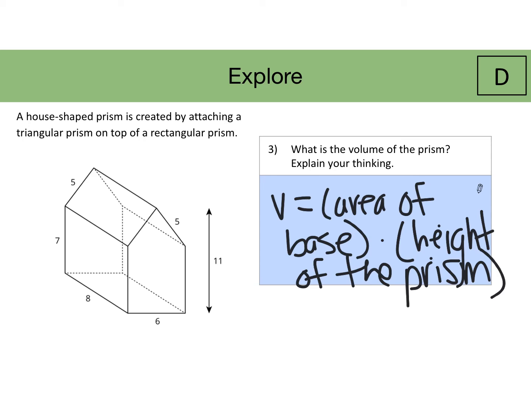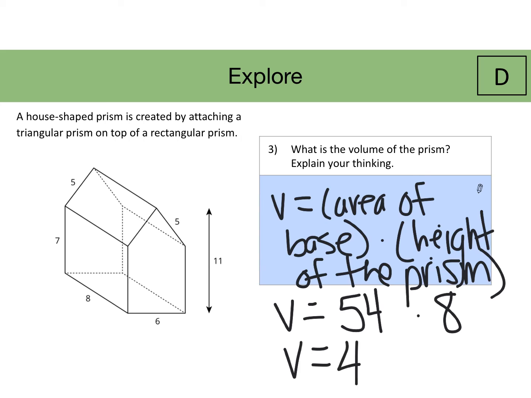So when students multiply, they're going to do 54 times 8, and we get the volume as 432 units cubed.